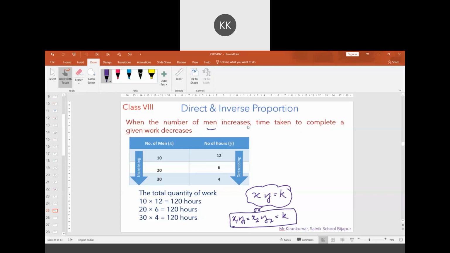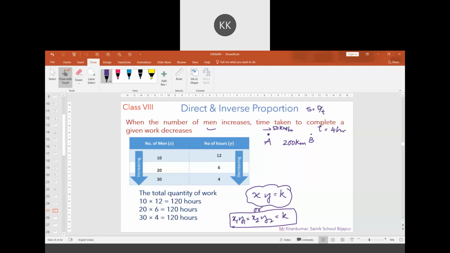This is one example. Another example is if the distance between two places is 200 kilometers, and you are riding a bike at the speed of 50 kilometers per hour, the time taken is 4 hours, because we know that speed is distance upon time taken.